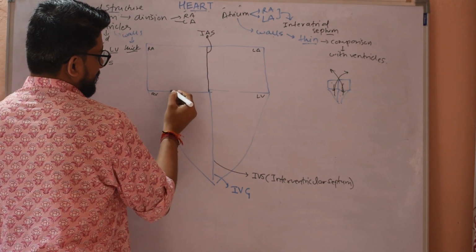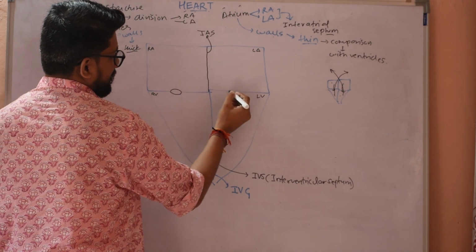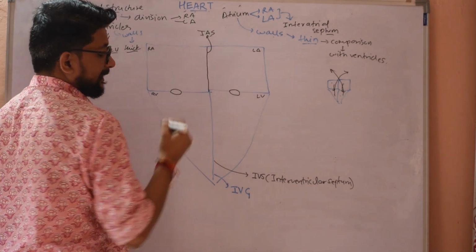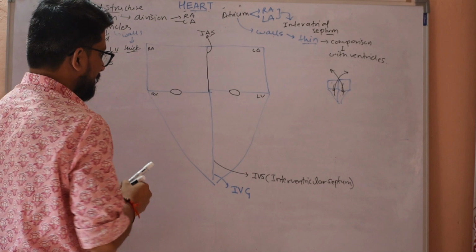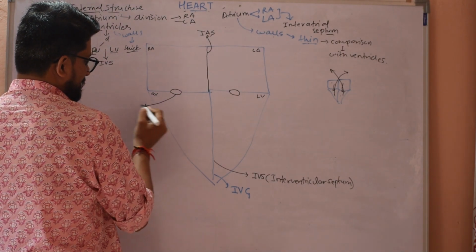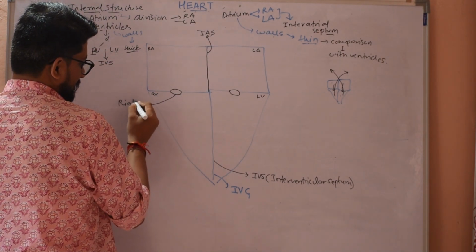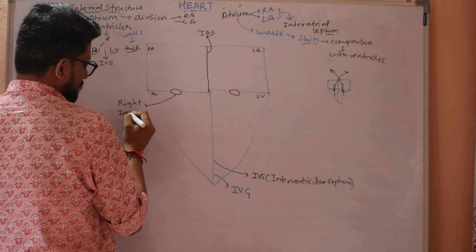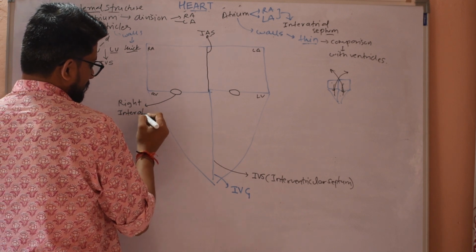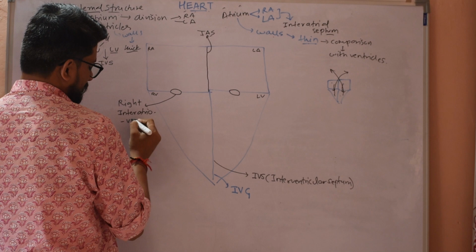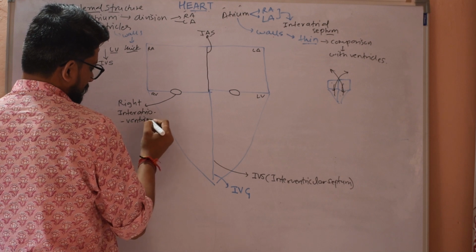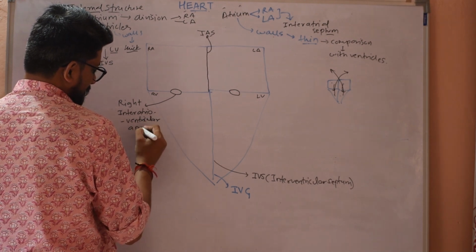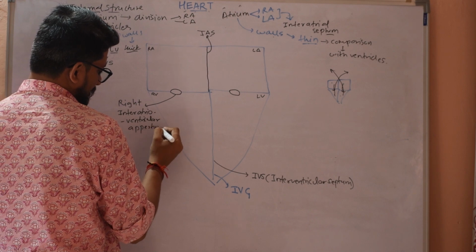Right atrium is connected with right ventricle, left atrium is connected with left ventricle by an opening, and this opening is known as right interventricular aperture.